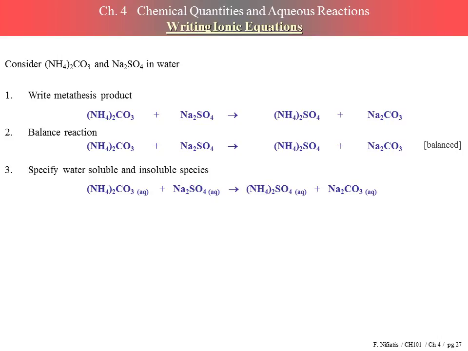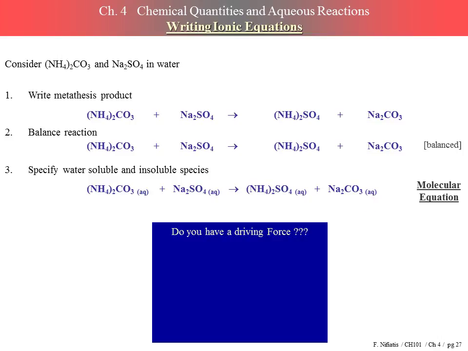This is the molecular equation. This is a little different than what we saw earlier. See something? This is aqueous and this is aqueous. Let me ask you, do we have a driving force here? The answer is no, because in the products we do not have a non-electrolyte.